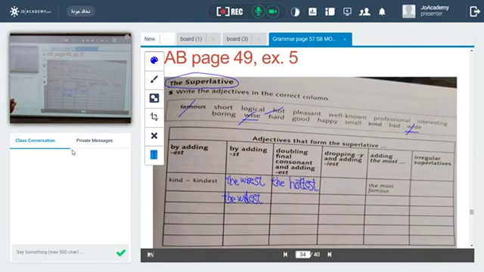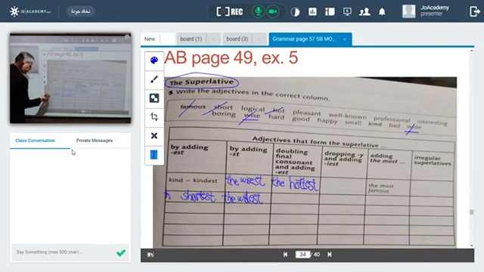What else can you tell me? Also we have some adjectives like short, shortest, the shortest, and also what? The smallest.